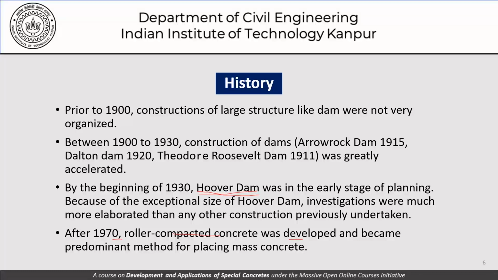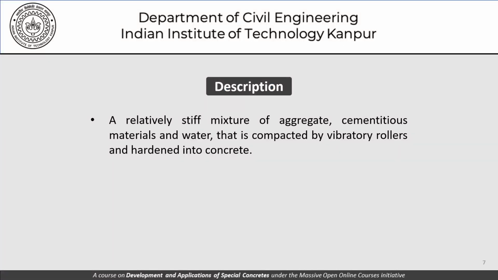Basically, the idea is compacting concrete through a roller. This was developed around the 1970s and became the predominant method for placing mass concrete in certain cases. As far as the description of this concrete is concerned, I've already said that it's a relatively stiff mixture of aggregate, cementitious materials and water that's compacted by vibratory rollers, and it hardens into concrete.